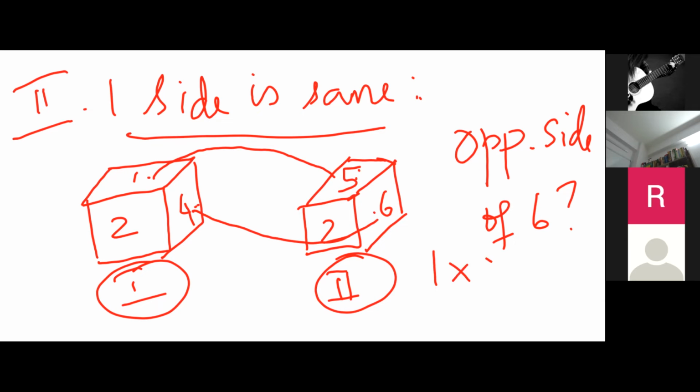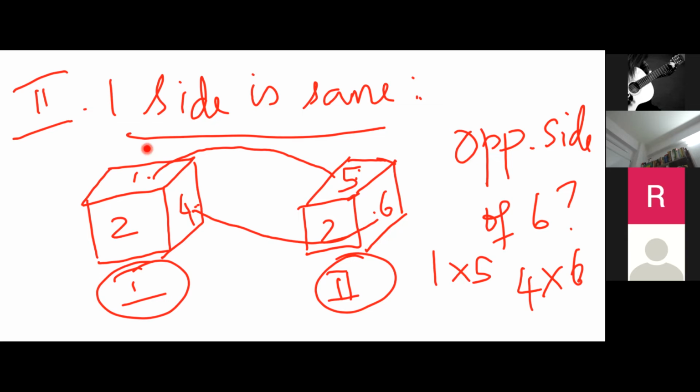Don't think about this being on the side or on the top. 1 is the opposite side of 5 and 4 is the opposite side of 6. If one value in the given dice figures is the same, then you can tap the opposites: 1 for 5 and 4 for 6.